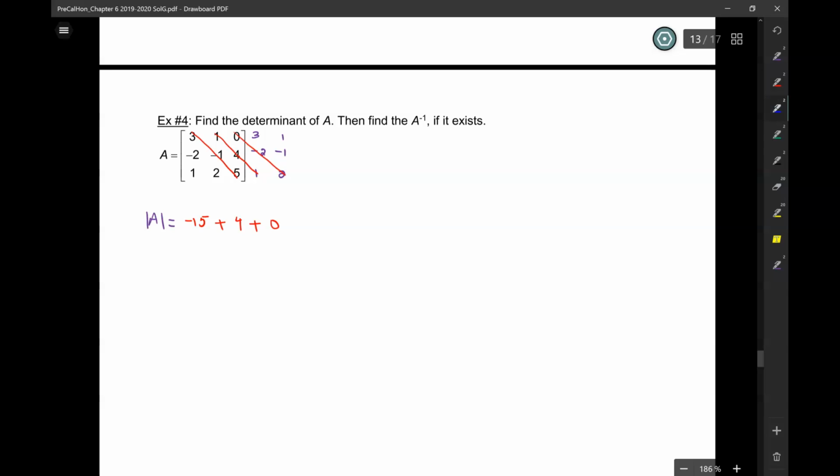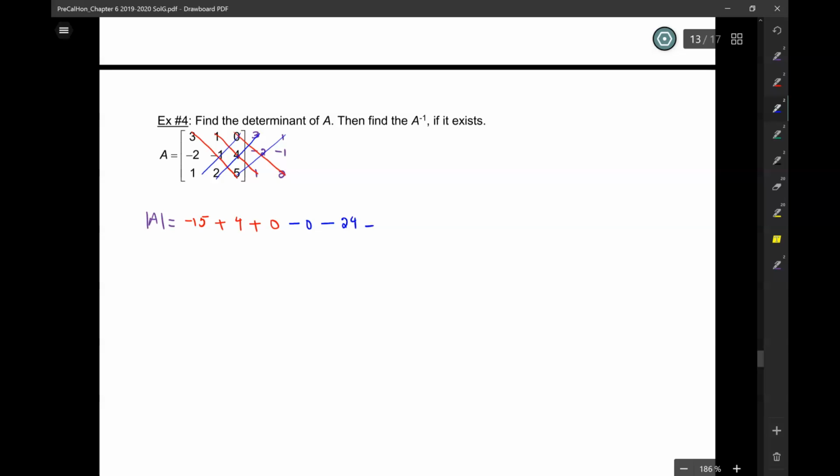Now I'm going to do the other diagonals. Those blue ones are going to be subtracted. So here's what I, Miss Malikian, do. Before I even go to get the product, I put a minus, and then I go to my matrix, because when I'm flustered, I will forget that minus. So minus 0. Minus, go to the diagonal: 3 times 4 is 12, times 2 is 24.